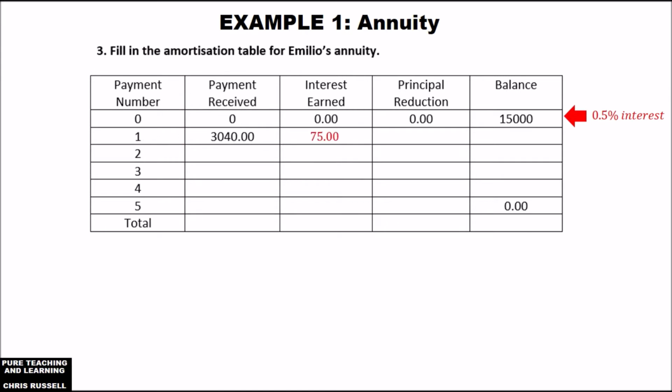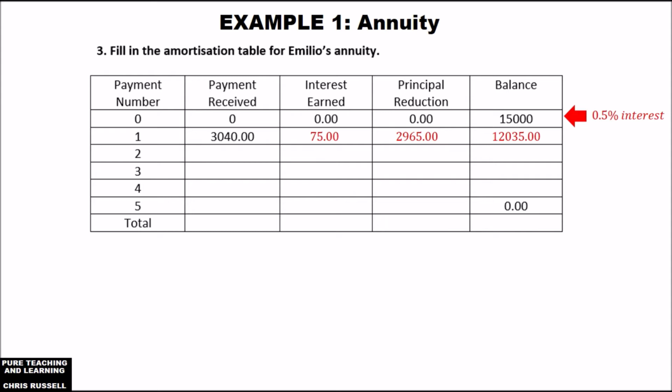Now to find the principal reduction, we go $3,040, subtract 75, and then to find the new balance, we go the balance from the previous payment, subtract the previous principal reduction, and then we continue with the process.